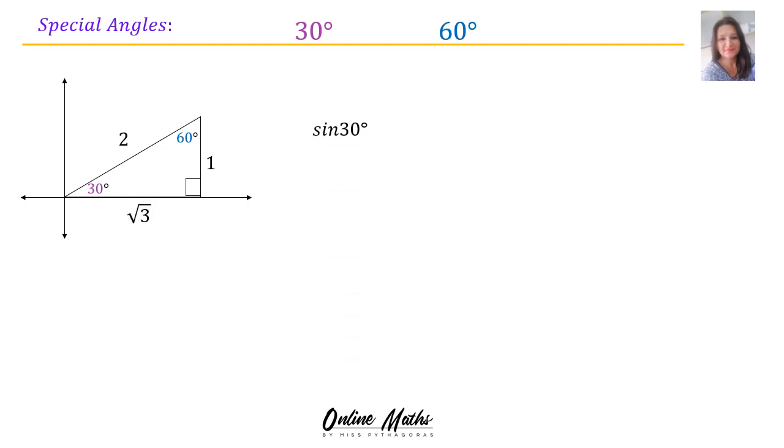Now, if I give you sin 30, you go to 30 degrees, which is this one, and then you say sin's ratio is opposite over hypotenuse. Therefore, sin 30 degrees is 1/2.